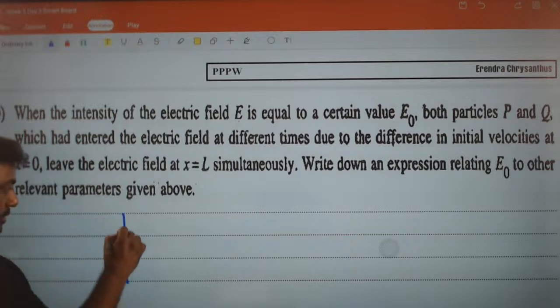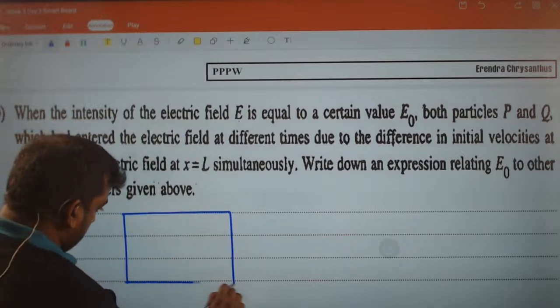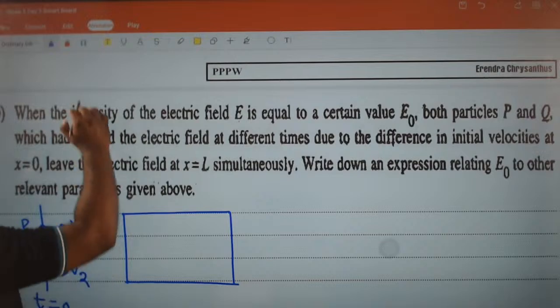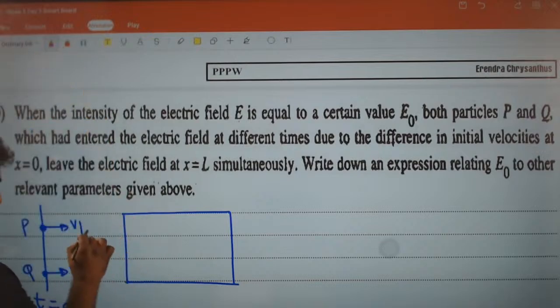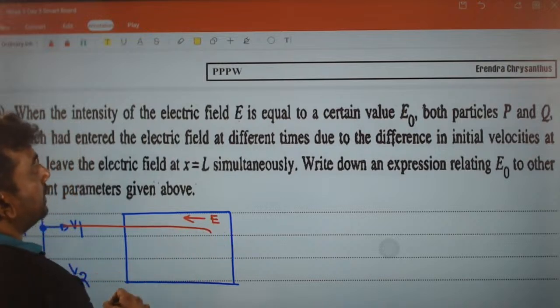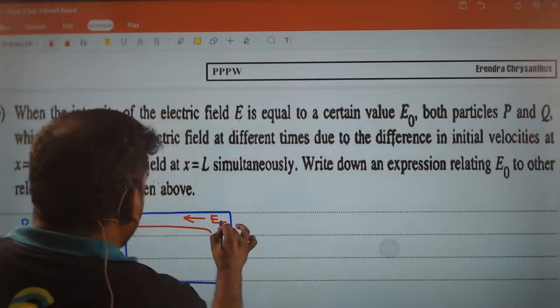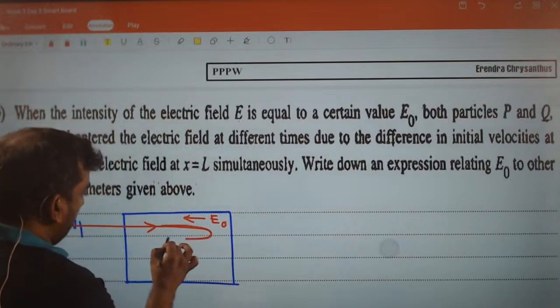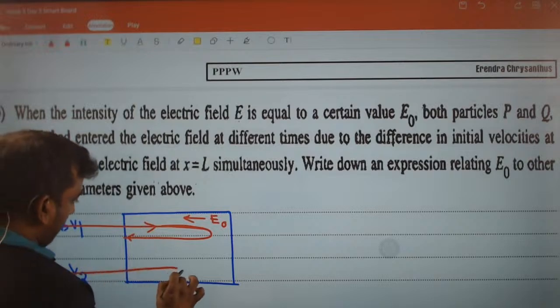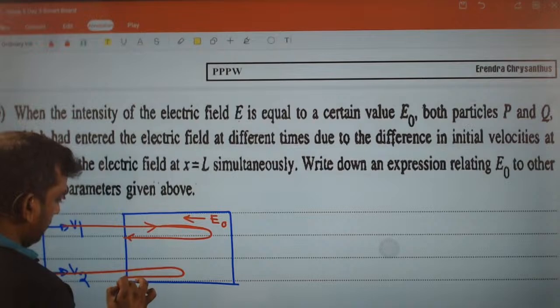So I'll draw this here. Here they are starting together, P and Q, at t equals 0. Here I have a velocity V1, here I have a velocity V2. If I draw this carefully, P travels into the electric field E naught, goes here, turns back, comes here. Q will also enter at a different time, go and come here.